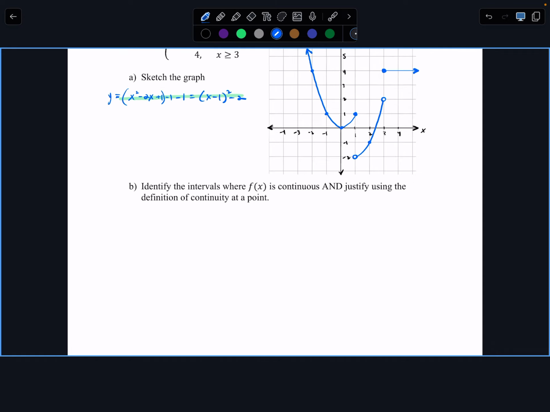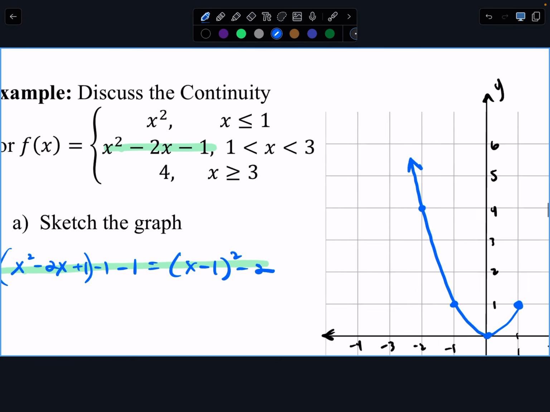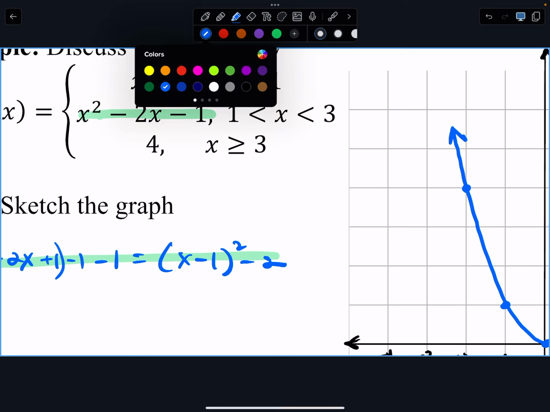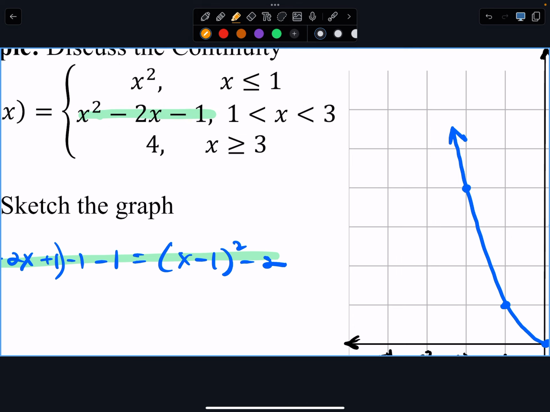So looking at this piecewise function, we're going to focus on where there are potentially points of discontinuity. The reason I had you graph this is to double check that everything we come up with makes sense with the graph we are familiar with. So let's focus on x equals 1, and we're also going to focus on x equals 3.